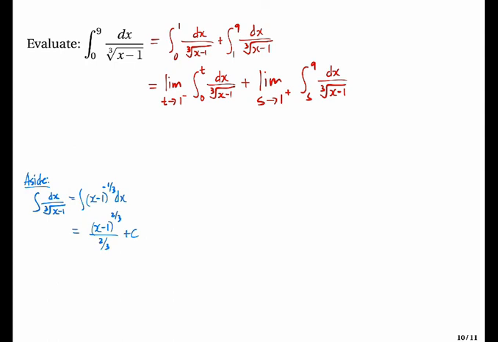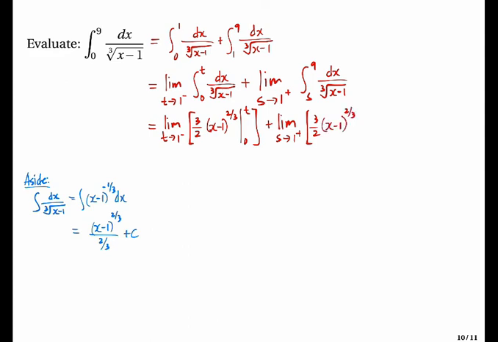Which means, in here, we have the limit as t approaches 1 from the left of 3/2 x minus 1 raised to 2/3 evaluated from 0 up to t, plus the limit as s goes to 1 from the right of 3 halves quantity x minus 1 raised to 2/3, evaluated from s up to 9.